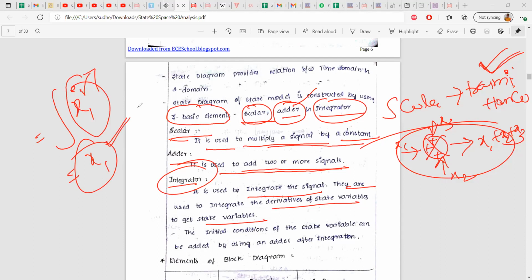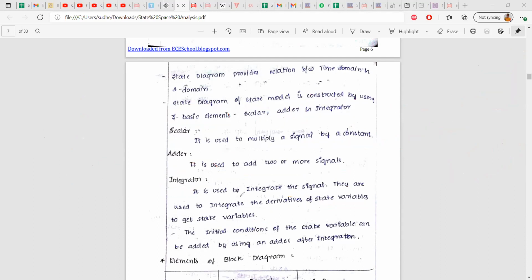What is x1? State variable. It is used to integrate the signal, to integrate the derivative of state variables to get the state variable. Is it clear?